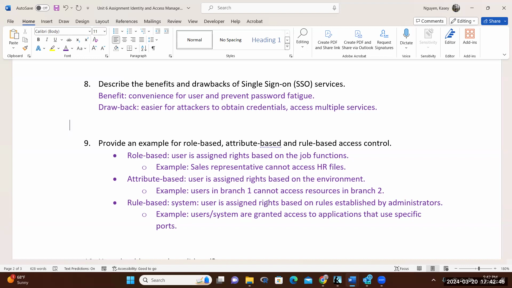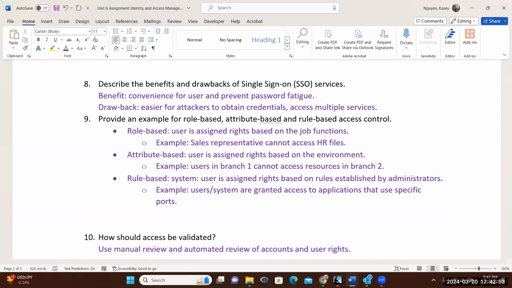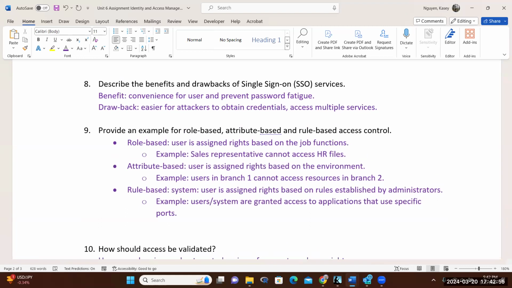And then you have the DAC, which is discretionary, right? So the discretionary based type of model is basically based on ownership. Just like if you own a piece of land, you can decide whatever you want to do with that land, as long as you're following the rules of where that land is.